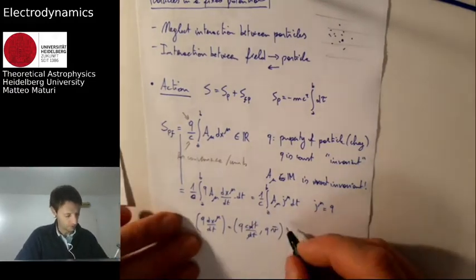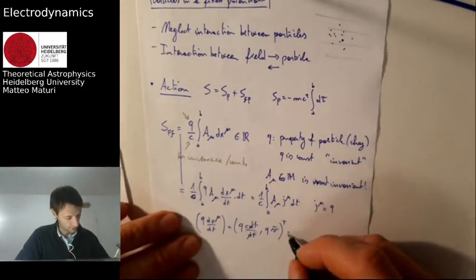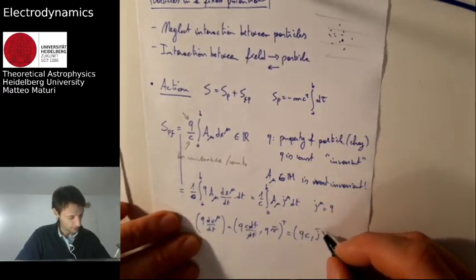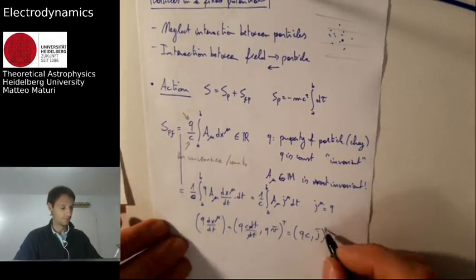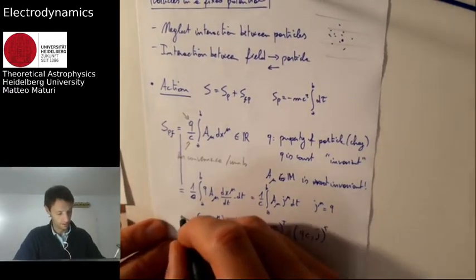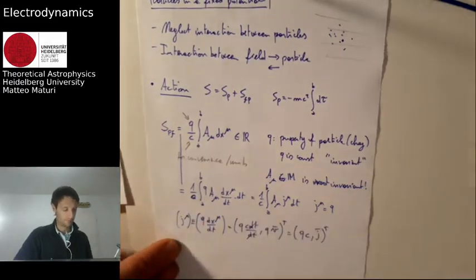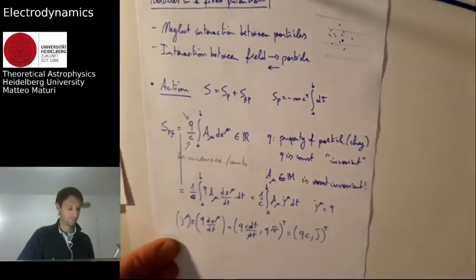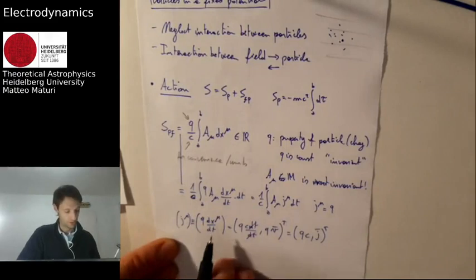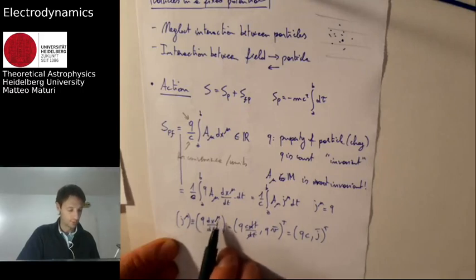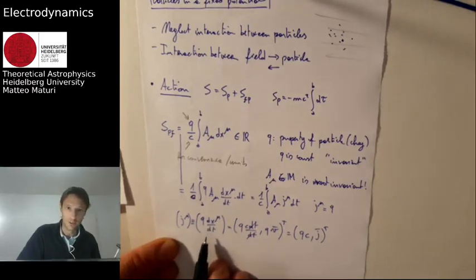Okay, therefore, I transposed, so this is equal to Qc, and then we have the standard current, and this is our J mu, which is defined this way. Okay, that's why it was not derived as Q for velocity, but Q and then dx mu over dt, not over d tau.